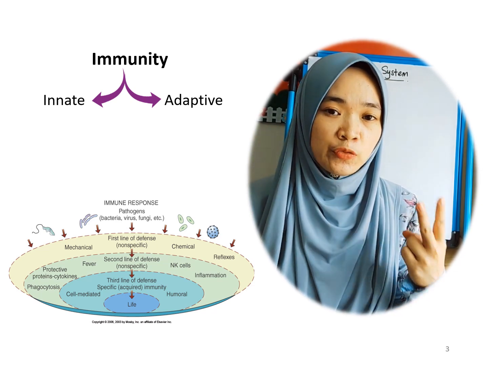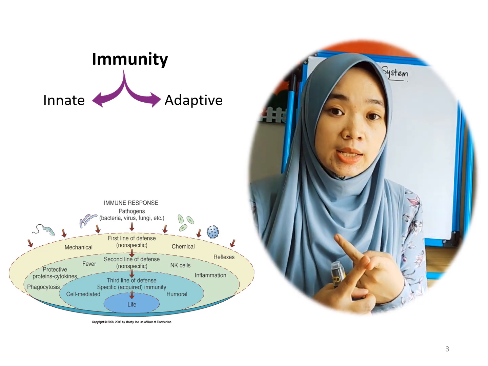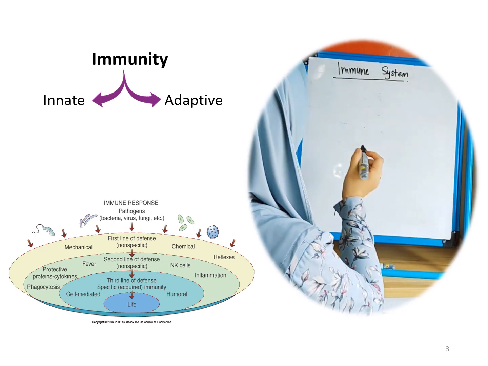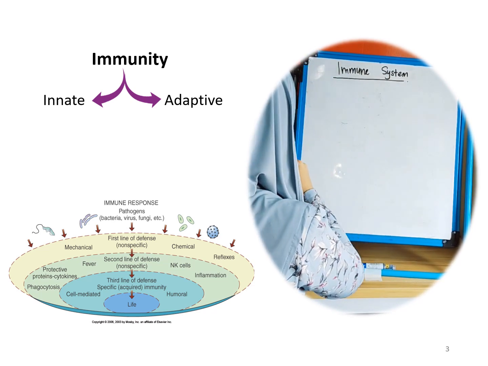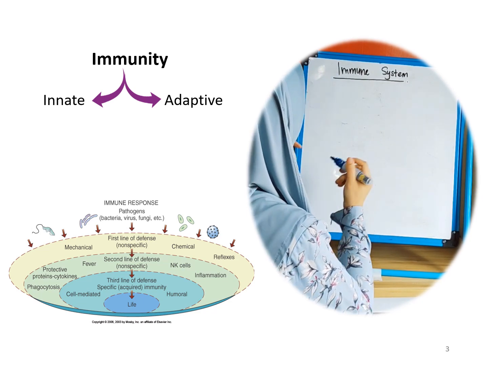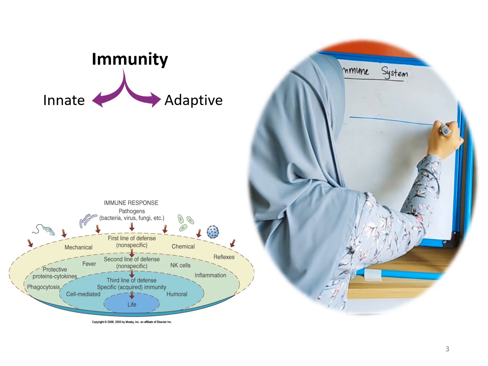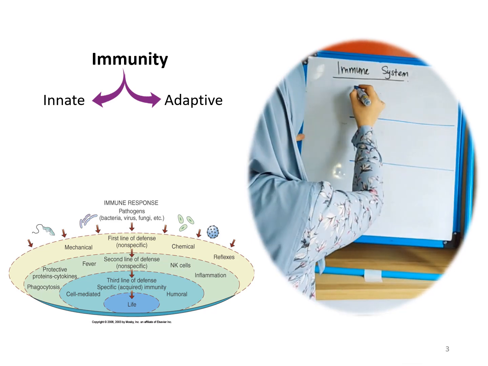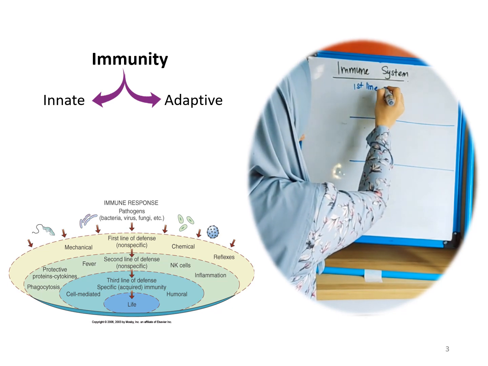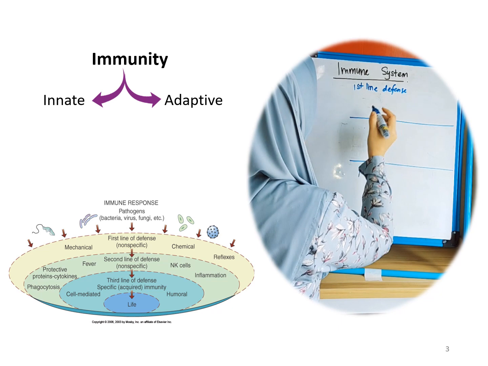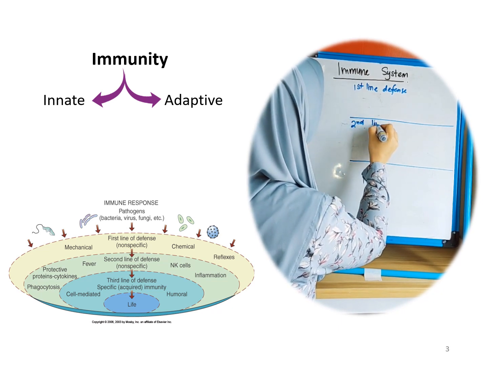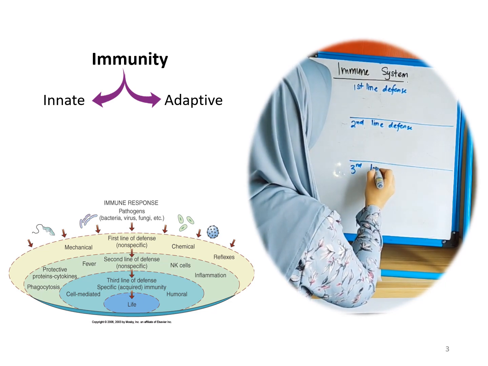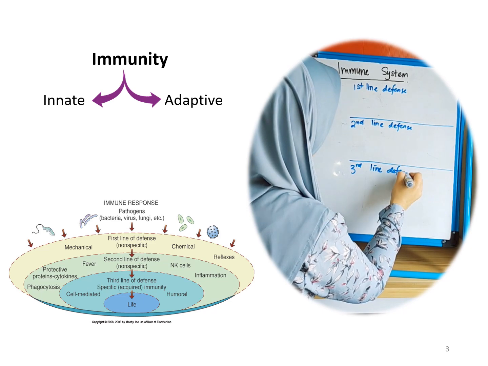Subhanallah, our Creator created a very systematic immune response for us. We know that we have two types of immune response, innate immunity and adaptive immunity. These play their roles at certain levels: we have the first line of defense, the second line of defense, and the third line of defense.